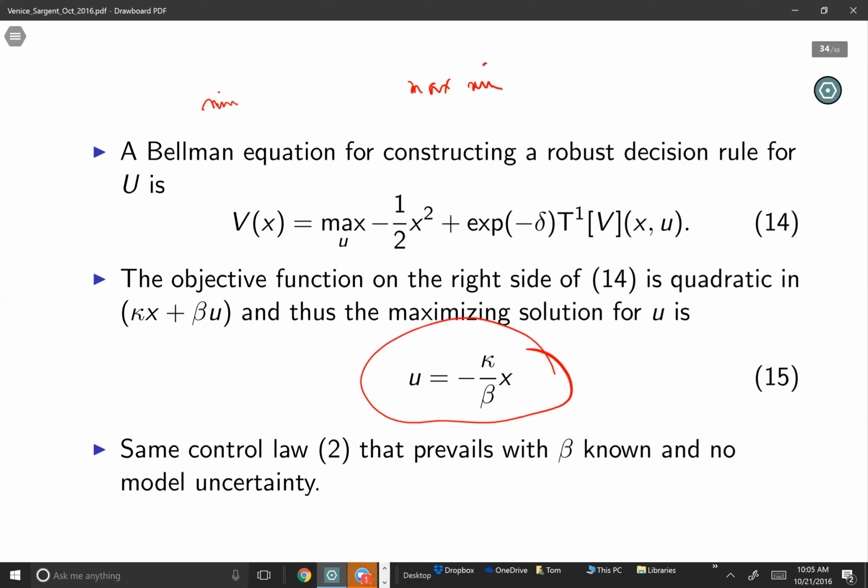Being doubtful about the distribution in this particular context, not in many others, in this context of Friedman, being unsure about the distribution of W leads you to do exactly what you would do as if you were sure of the distribution, and as if you knew kappa and beta. So we don't confirm Friedman's intuition about doing less here.